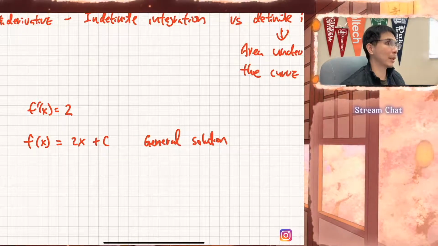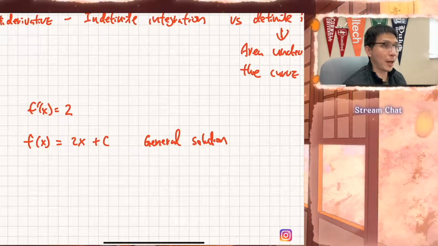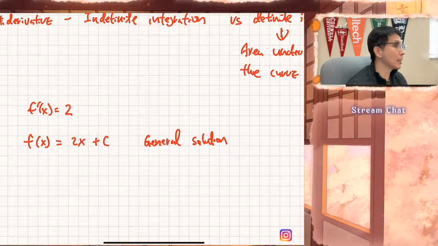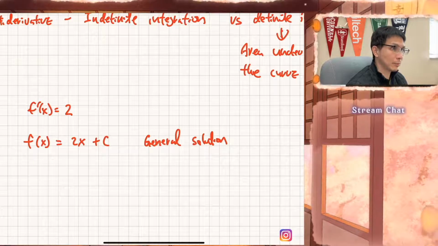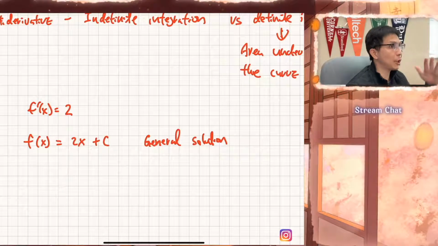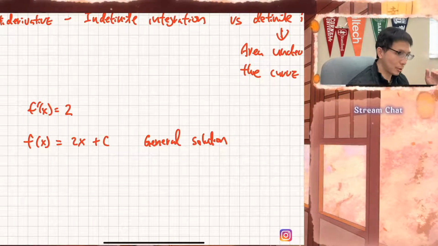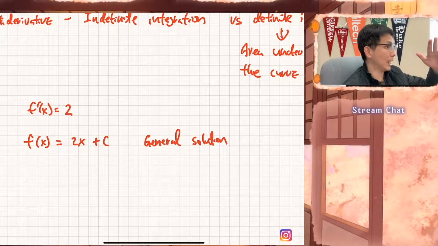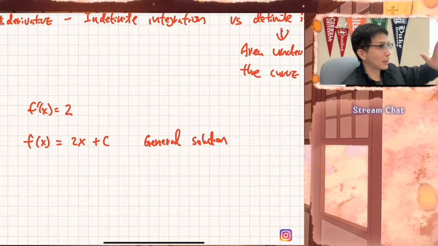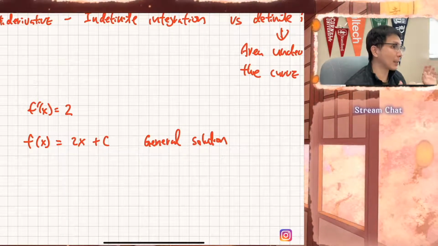So let me repeat it again. If you take a derivative of 2x plus 5 versus 2x plus 2, or 2x minus 6, they're all equal to 2. So your original function can have a vertical shift up and down. The 2x is a straight line with slope of 2 that can literally float up and down. They all represent exactly the same thing.